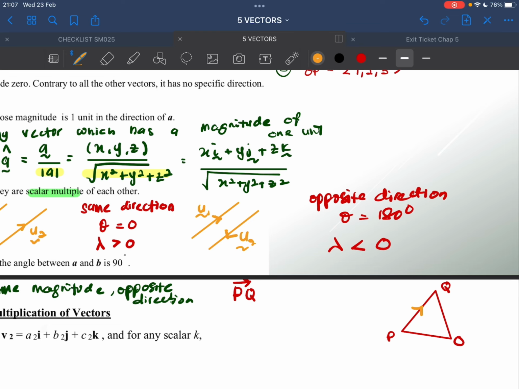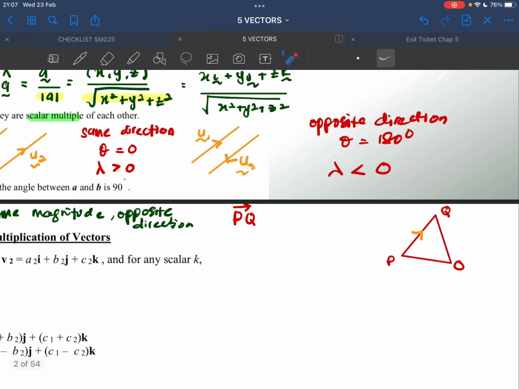That means you have to go PO plus OQ. That is how you find your vectors. So you want to find this direction vector PQ, so you have to go PO plus OQ. So here we should have PQ equals PO plus OQ.